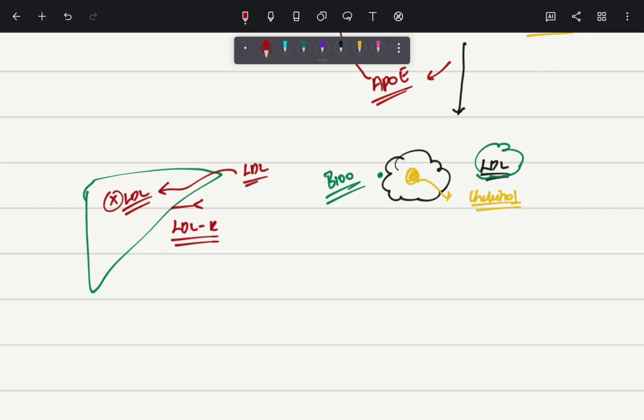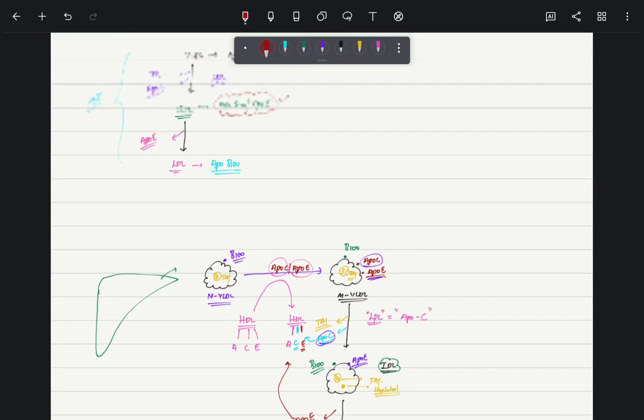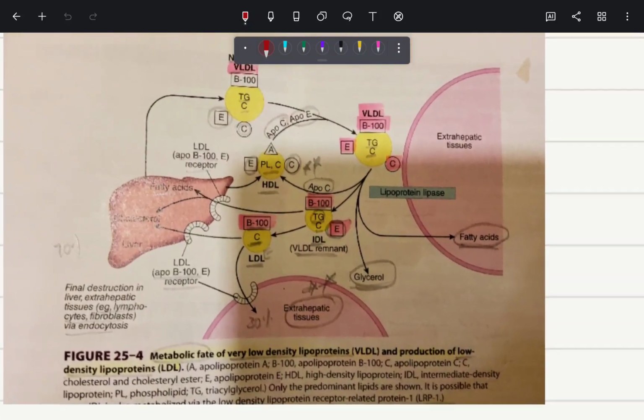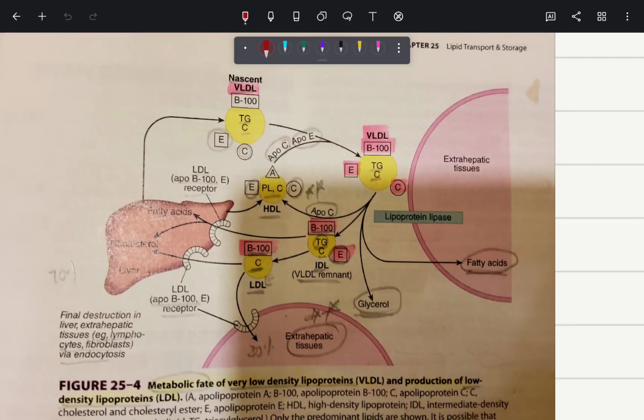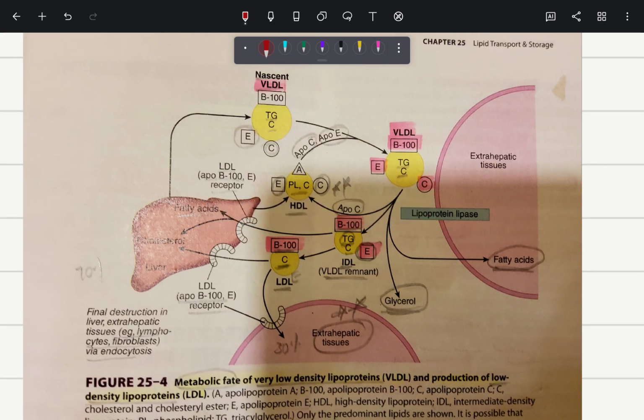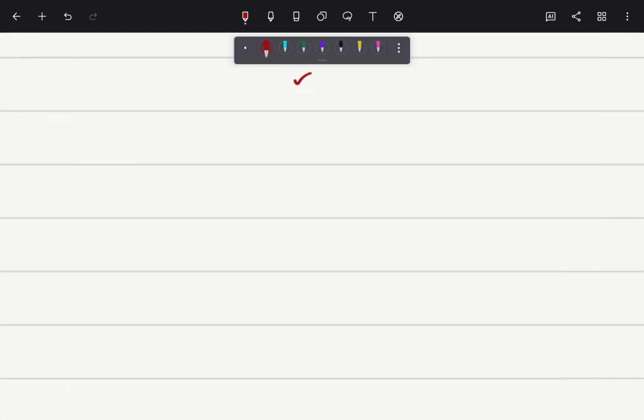So that was about it, and don't worry, I will just explain the pathway here. Please take a look here. This is the nascent VLDL, and the nascent VLDL has ApoB100 present on it.